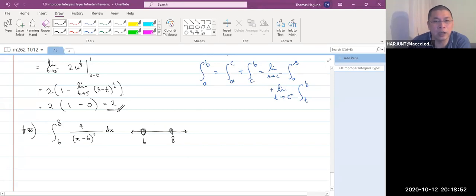It's okay at 8, so we don't worry about it. What we will do then is use the integral from t to 8, and then push this t approaching 6 from the right hand side. So the integral will be the limit as t goes to 6 from the right hand side of the integral from t to 8 of 4 over (x minus 6) cubed dx.